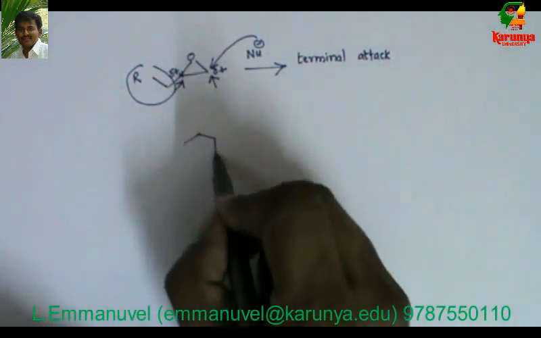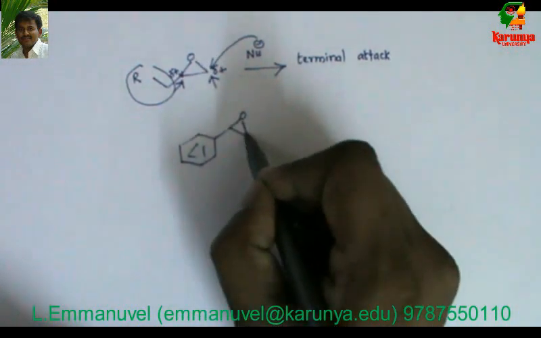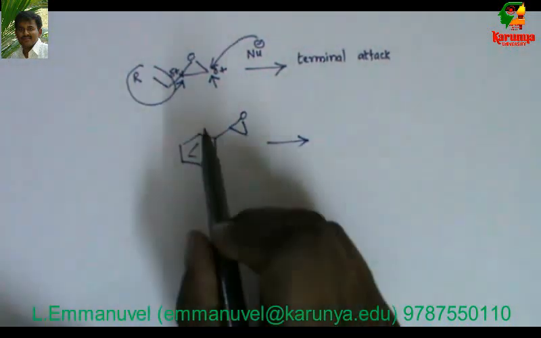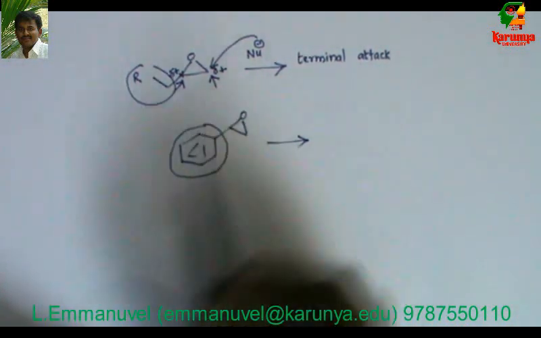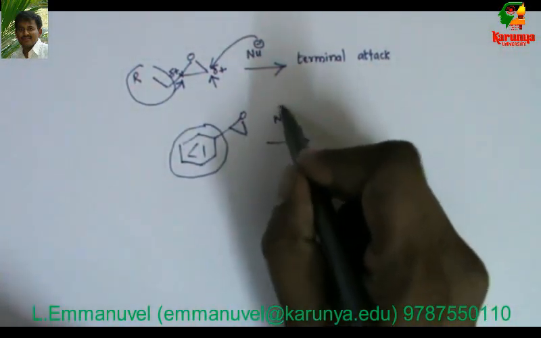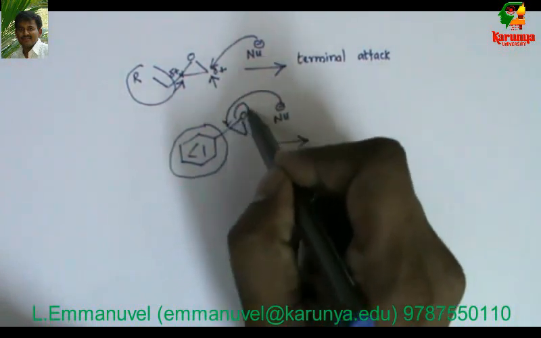At the same time, if it is styrene oxide like this, so it is not aliphatic, now it is an aromatic ring. In that case, the nucleophile prefers to attack the benzylic position.